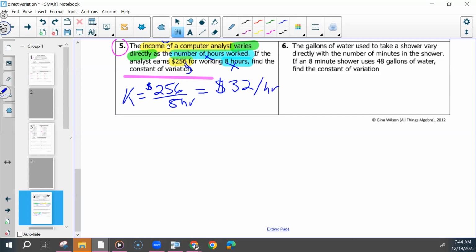And then does it ask us to find anything else? Did we find that? Yes, so that's it. Don't keep going. Don't start solving random things. Stop where it tells you to stop. Do we have questions on that one? Are there any other questions on this page you want to go over?